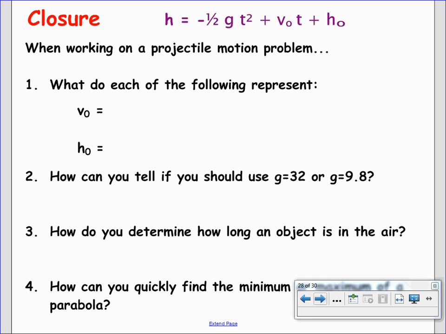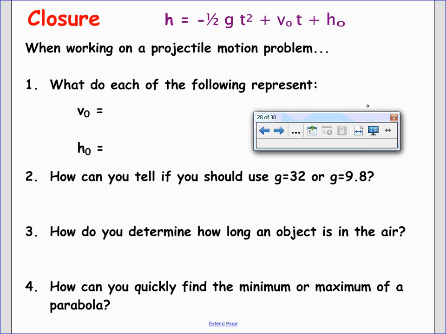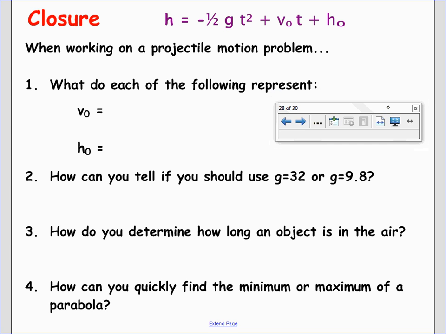What does H sub 0 stand for? How can you tell if you should use G equals 32 or the 9.8? How do you determine how long an object is in the air? How can you quickly find the minimum or maximum of a parabola? And again, we'll assume you're using graphing calculator technology for number 3 and number 4, okay?